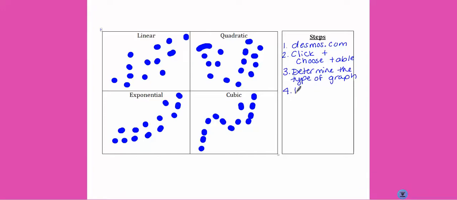On Desmos, in line 2, we're going to type the general form of the equation that we pick, and I'll show you what those are in just a minute. And then finally, we're going to write our equation.